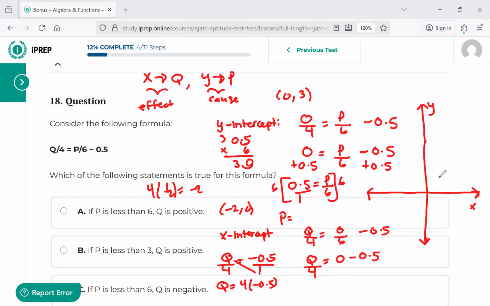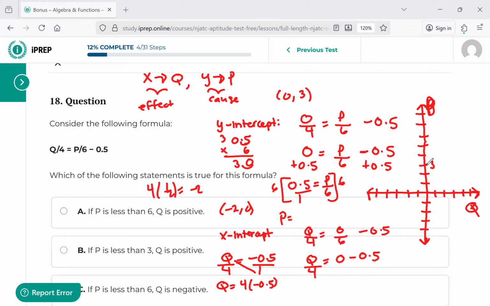Okay, we said that our x was our q, and our y is our p. So my y-intercept is (0, 3).